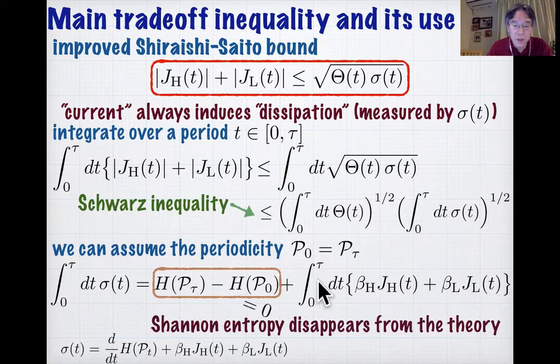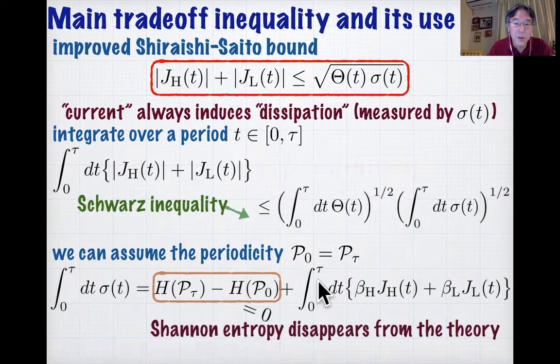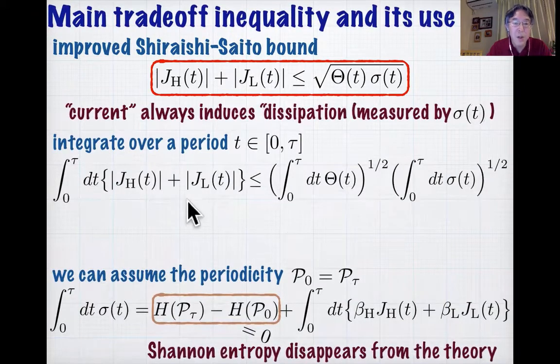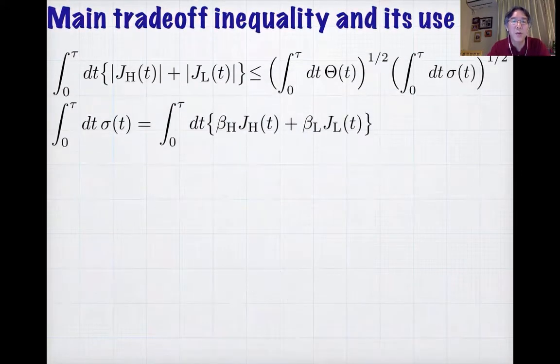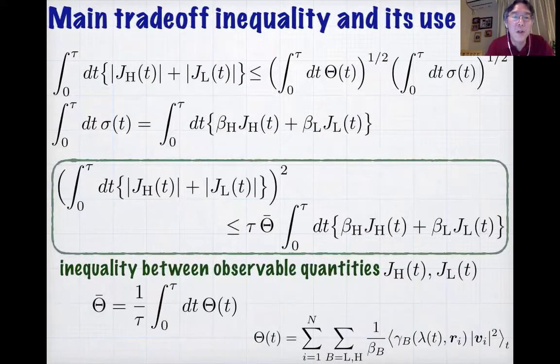Okay, so here I got two very important bounds. One is this one, and the other is this one. I want to keep these two important inequality relations here, and I simply combine them. So I square this, and define theta bar as the time average of theta t, and then you get this here.